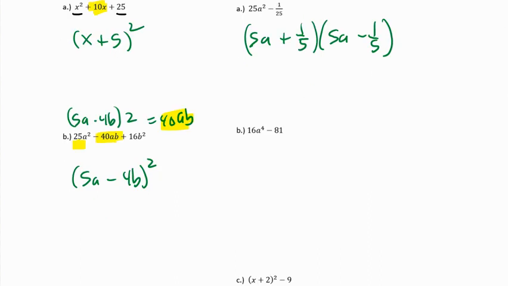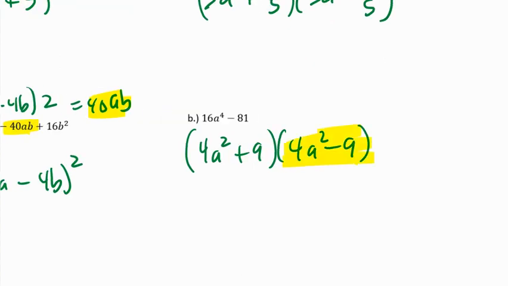On B, I could have 4a squared plus 9 and 4a squared minus 9. But this is still a square minus a square.